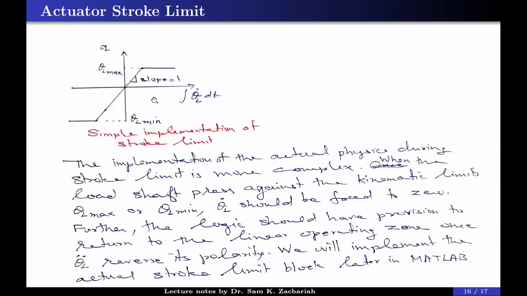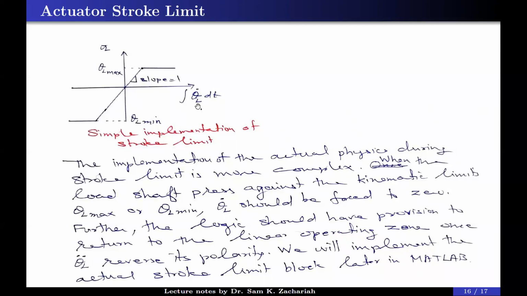The cause for the motion is integrating the shaft velocity. And while it is integrating the shaft velocity, it comes across the deflection limit, and hence it gets stopped. The moment it gets stopped, you have to stop theta L dot also, force it towards zero.